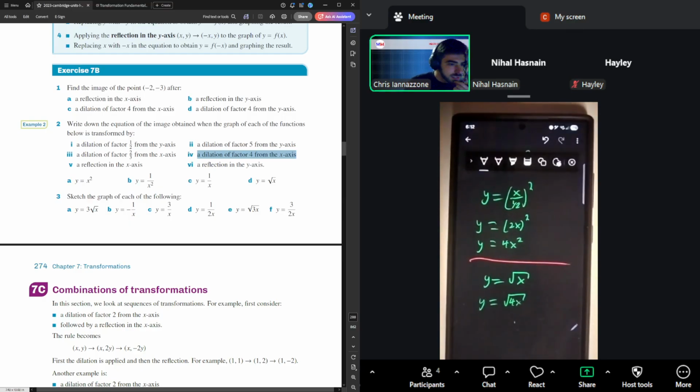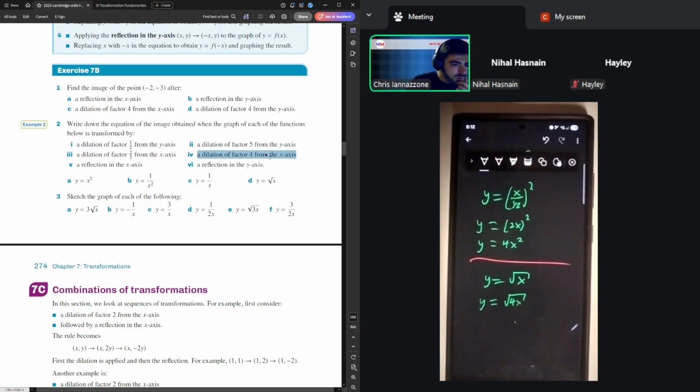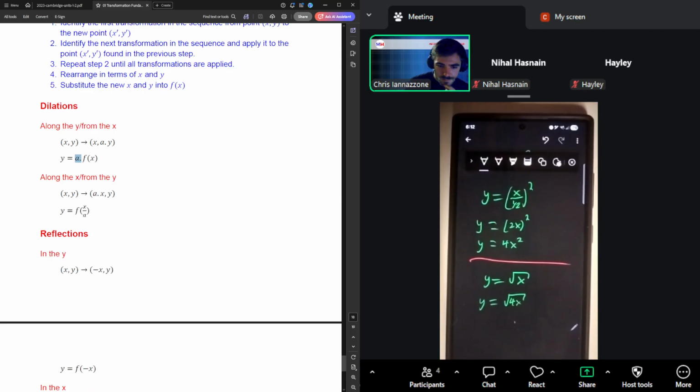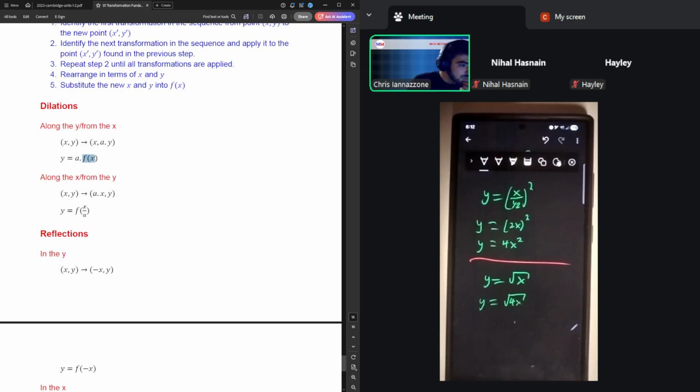Okay. Again, the notation, the way it's described, the key wording of it, of from the x. If we have a look at what that's referring to, from the x is referring to this one here. So it's going to end up being the 4 root x. It's the a at the front of f of x as a full multiplier of it.